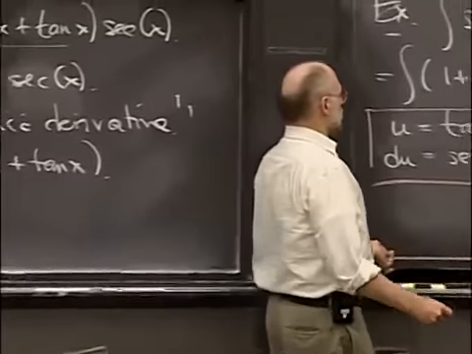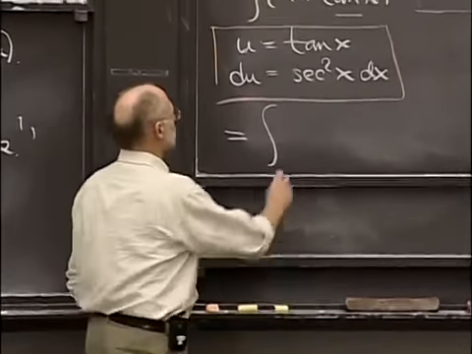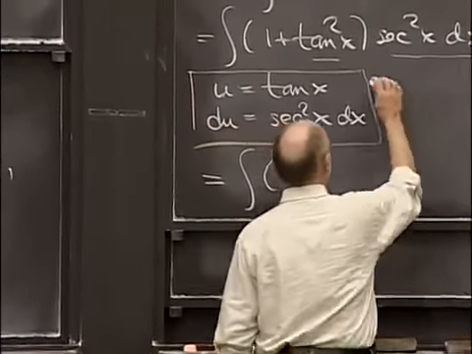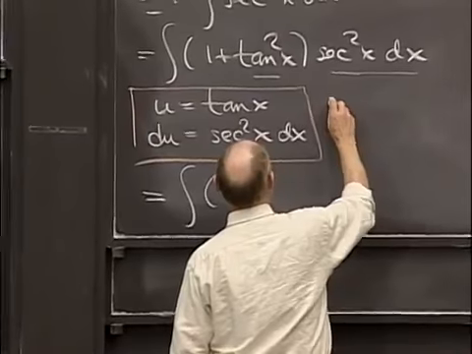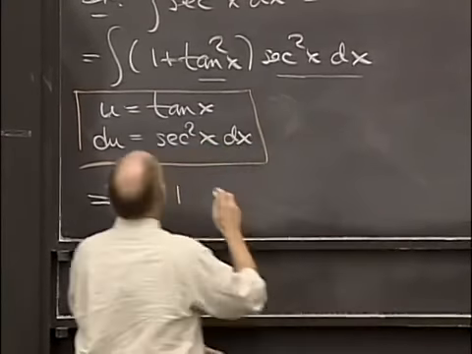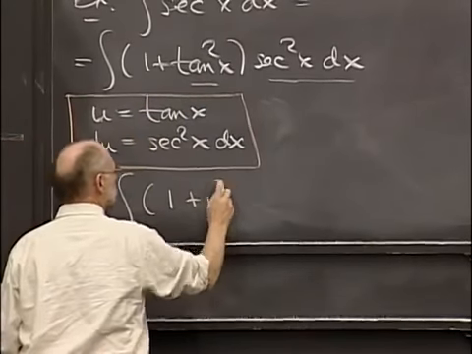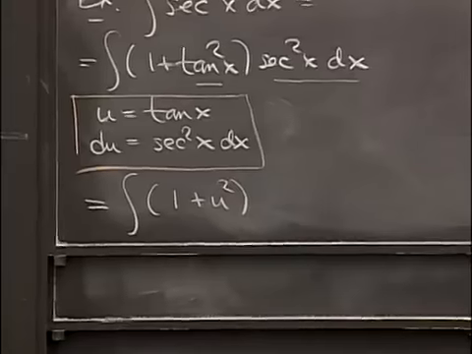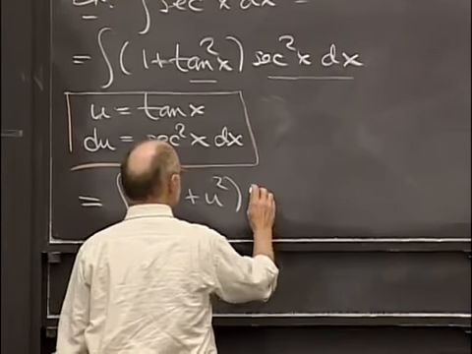So now I can continue this. Under that substitution, I get 1. Oh yeah, and I should add the other fact that, well, I guess it's obvious that tangent squared is u squared. So I get 1 plus u squared, and then du, the secant squared x times dx, that is du.